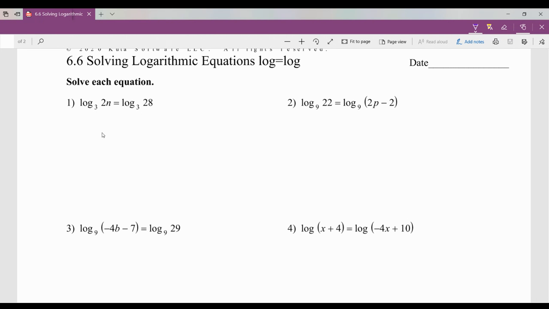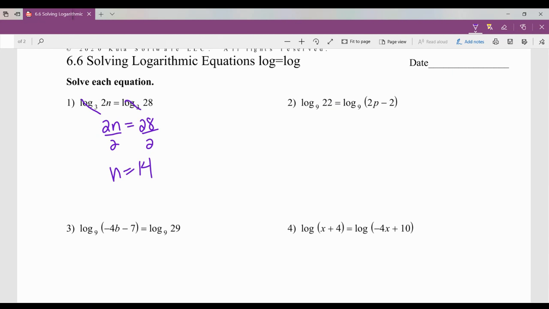All right, so if we have an equation like number 1 where we have log base 3 of 2n equals log base 3 of 28, since you have log base 3, one of them on each side, what we can do is we can cancel out the logs on each side and say, well then, since log base 3 of 2n equals log base 3 of 28, then 2n has to equal 28 as well. And then divide by 2, so we get n equals 14.